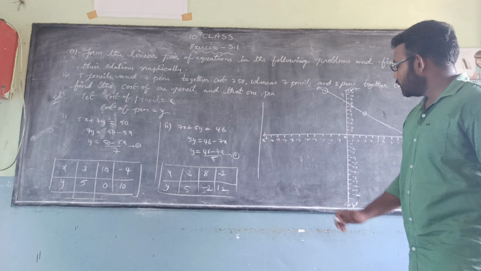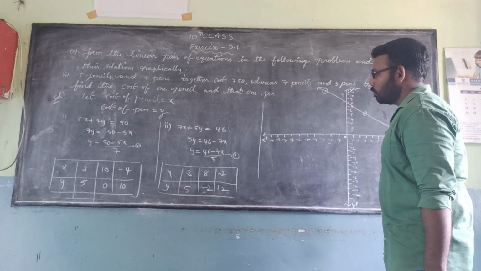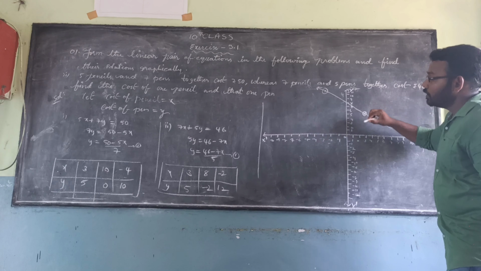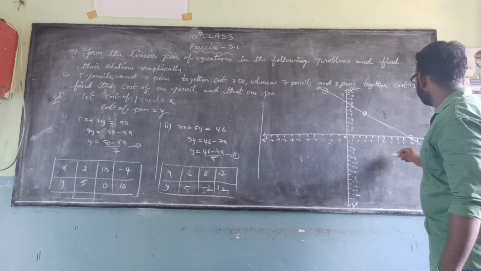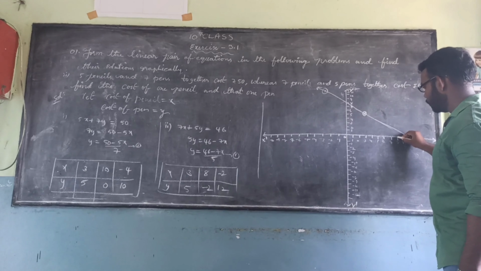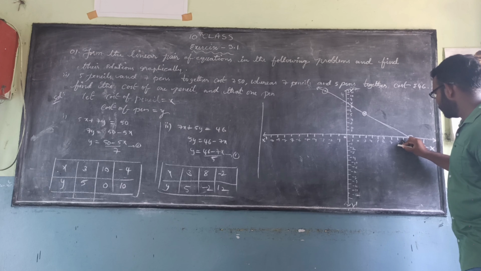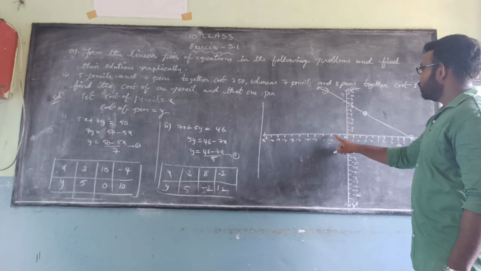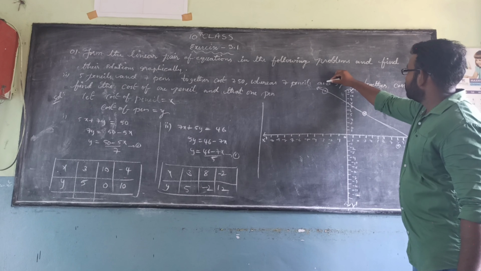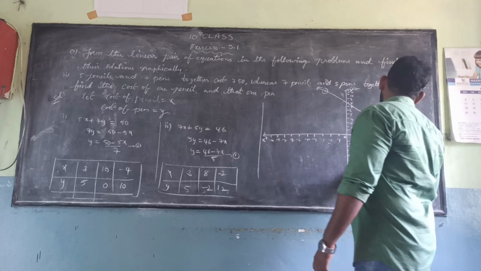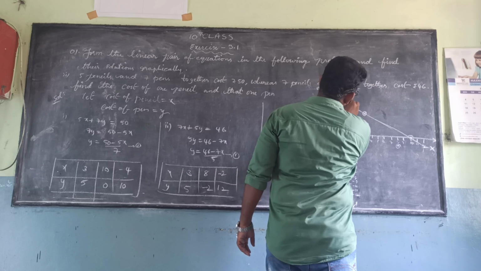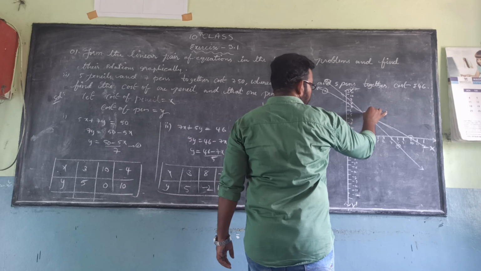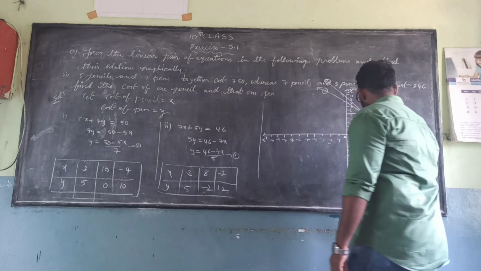For the second equation, x coordinate is 3 and y coordinate is 5, that means the same point. X coordinate is 8 and y coordinate is minus 2, that means it exists here. And x coordinate is minus 2, y coordinate is 12, it exists here. So here this is the point we needed.